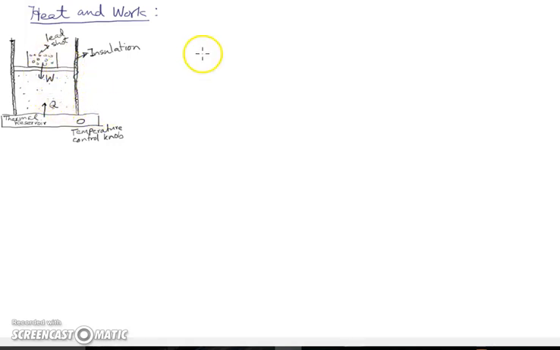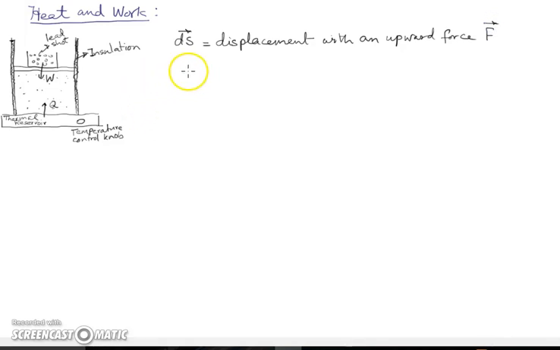So this piston moves up. Let's say this is the displacement, and I just use it as a vector displacement, with an upward force F, right?